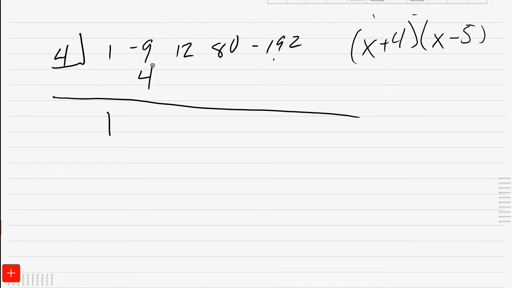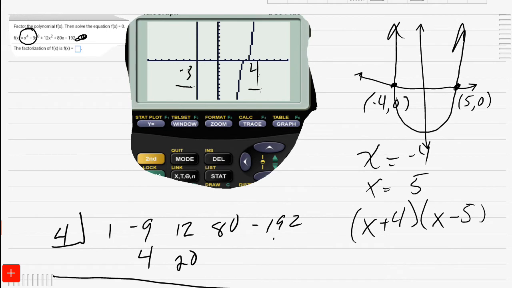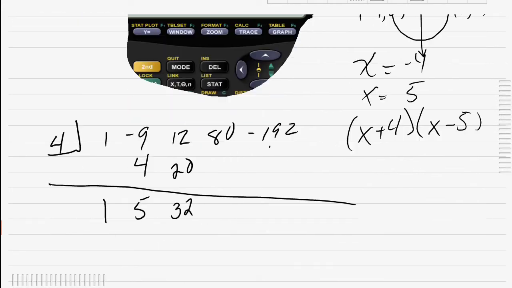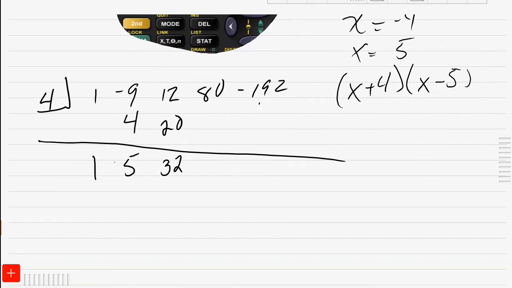Then you add. Negative 9 and 4 make negative 5. 4 times negative 5 is negative 20.